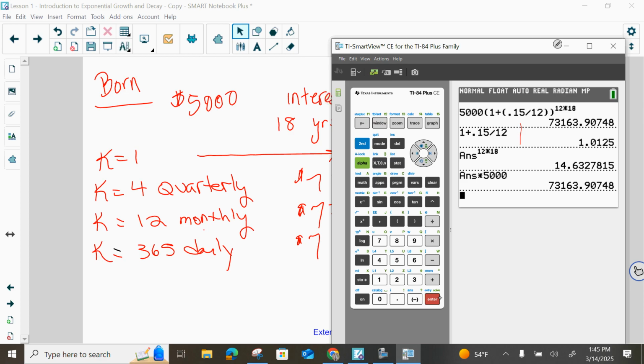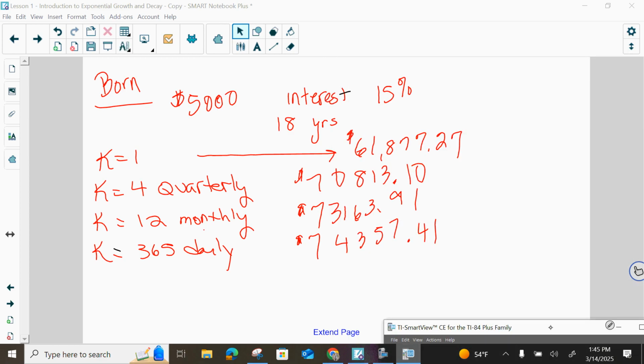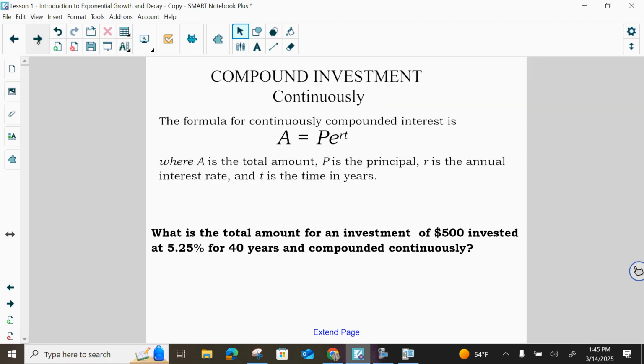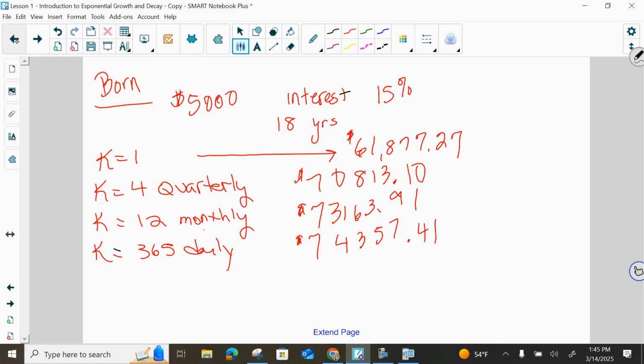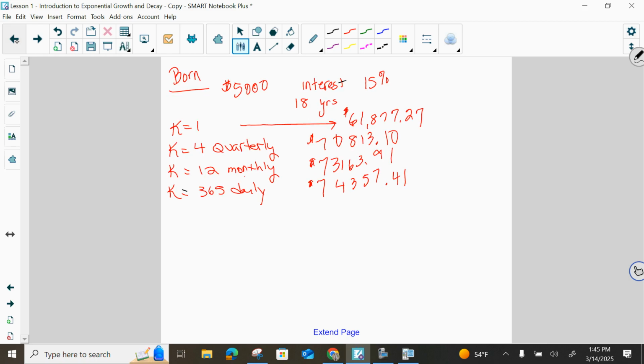All right, I'm going to show you one more formula. It's going to be off of this one. It's called compounding continuous. Something that's called compound continuously.